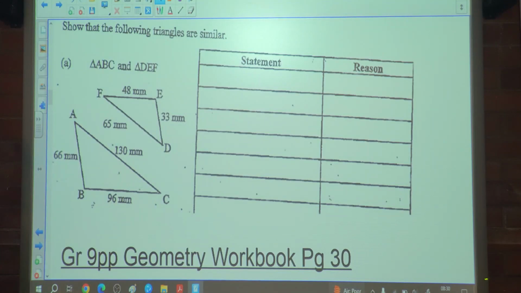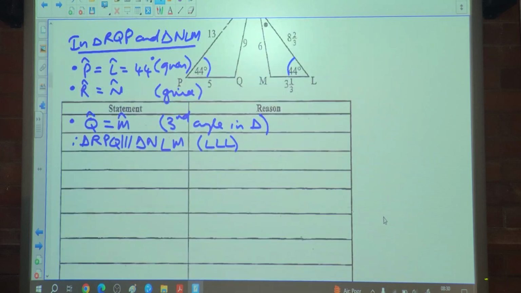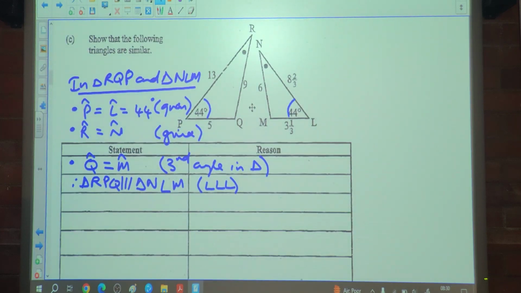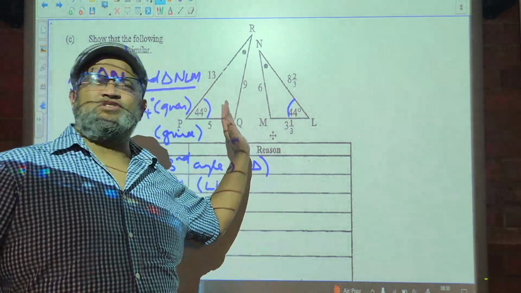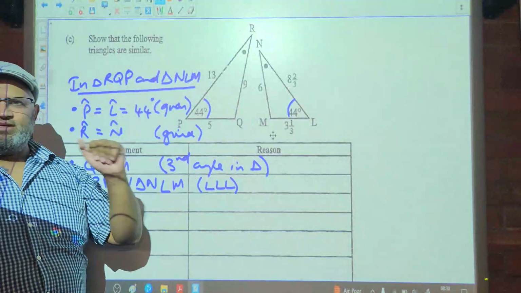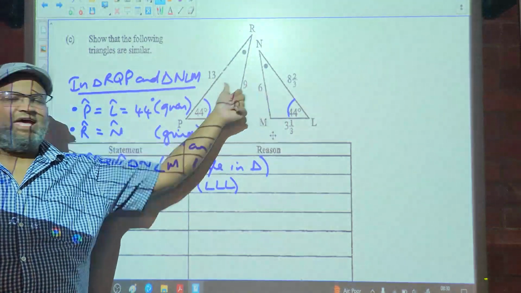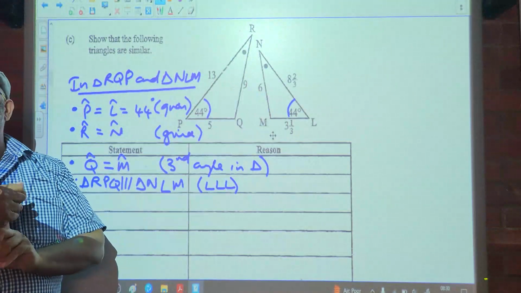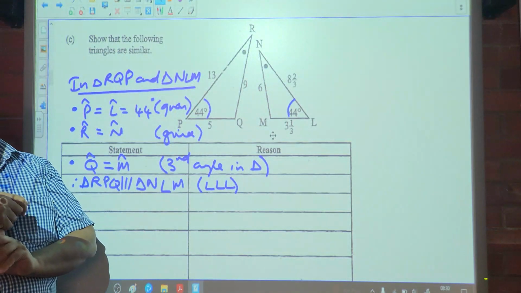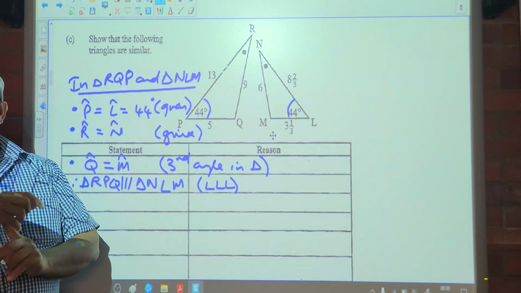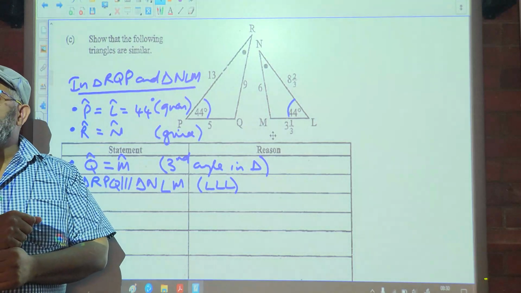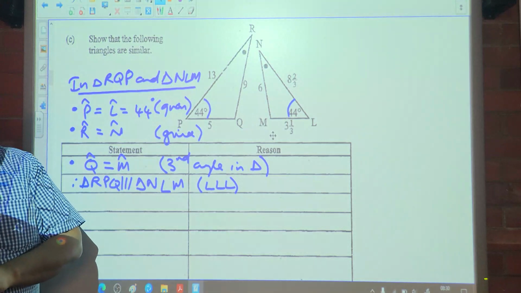Okay, so just take one step back. We were told that if triangles are similar, there are two things, okay? Firstly, all the angles will be equal and the sides will be in proportion. If the triangles are similar, the sides are in proportion.